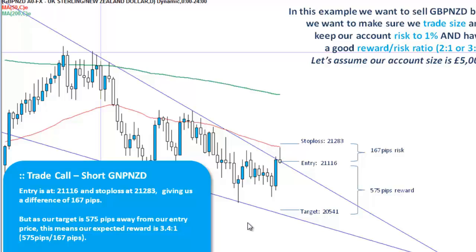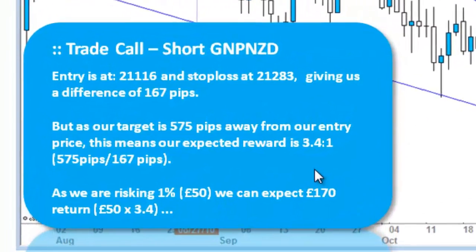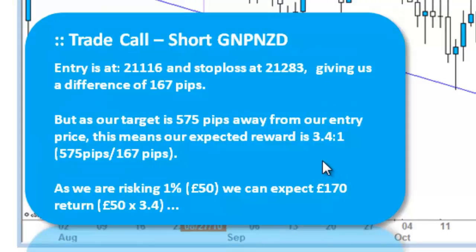And this gives us a pretty good reward to risk. In fact, it gives us a 3.4 to 1 reward to risk trade, which is fantastic. That's within our rules. In fact, it's even better than our minimum threshold. It looks like a high probability trade. We've got good reward to risk behind it. We can take it as far as our rules are concerned.